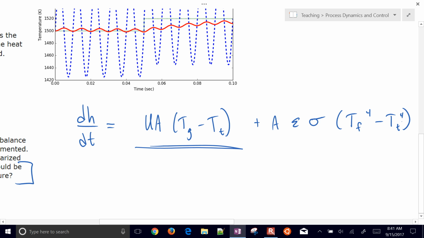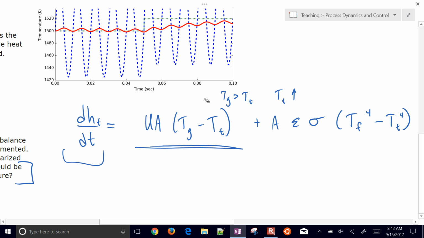One of the things is I sometimes mess up the signs here, which one's positive, which one's negative. So when I'm thinking about this, I look at the accumulation term here. If it has a positive slope, it's going to get hotter. So if my gas temperature is greater than the thermocouple temperature, we know that the temperature of the thermocouple is going to increase, so we have a positive slope.